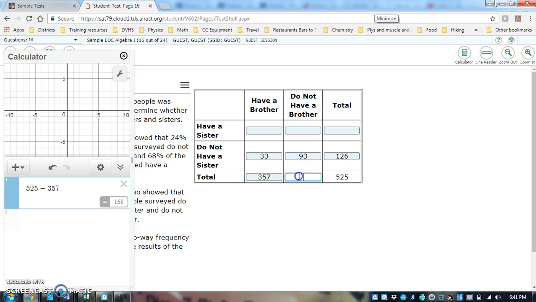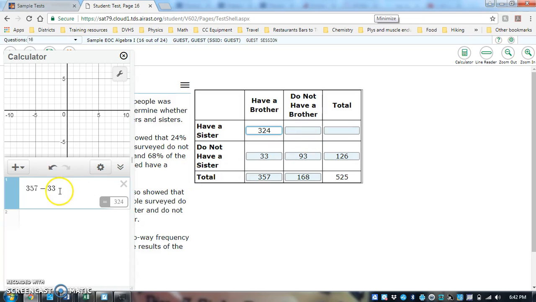That's 168. I then also know that 357 minus 33 would give us the number of people who have a brother and a sister. I know that 357 have a brother. Of those, 33 don't have a sister, so the remaining 324 that have a brother have a sister.